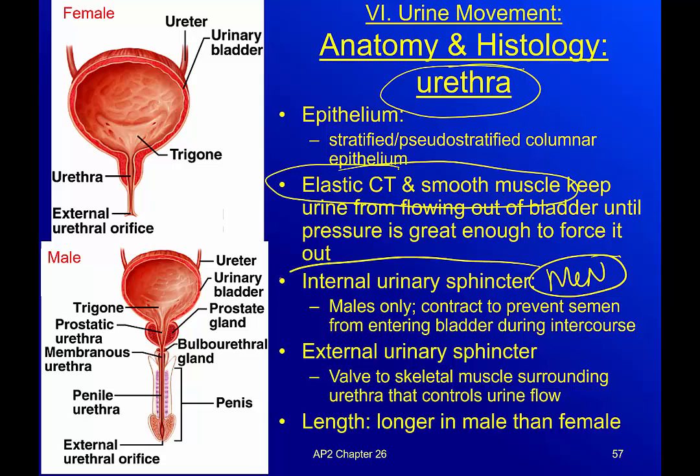So men have an internal urinary sphincter, okay? It contracts basically to prevent semen from entering the bladder during intercourse, or urine entering the urethra when ejaculating is happening. Urine is acidic. We talked about that previously, and sperm is actually really, really pH sensitive.